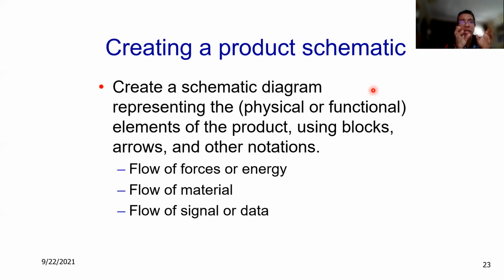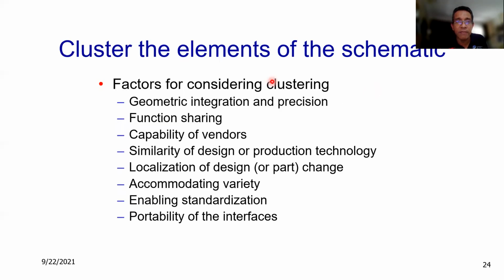So we need to create the product schematic first, and then represent the flow of energy, flow of material, flow of signal and data using blocks and arrows. That is like a flow chart, what I call the process. So that is a schematic. I will show you the details of this later.